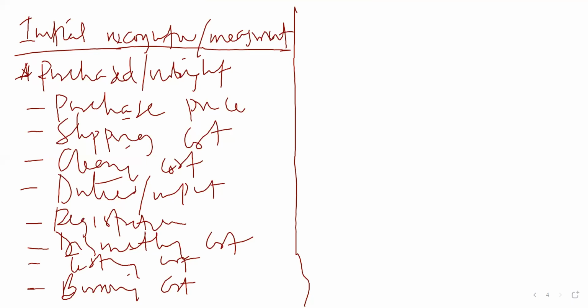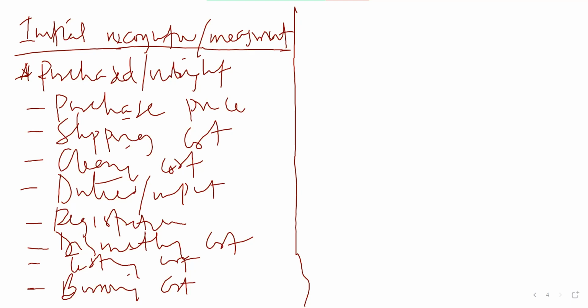So what we are saying is that before you can attach value to the assets, there are a lot of things that you are going to take into consideration. The standard says that the initial cost of the asset should be measured at cost plus any direct expense which is attributable to the asset.